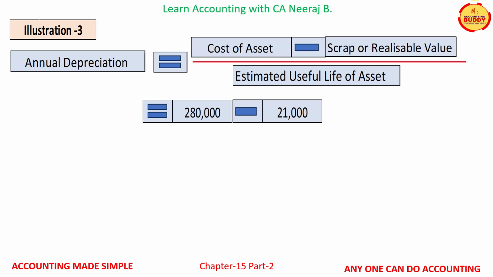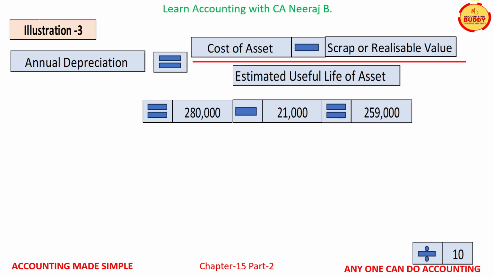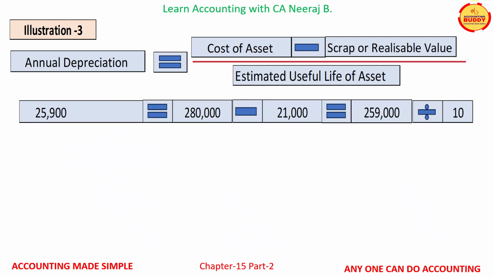Therefore, the estimated net cost of the asset at the end of its estimated useful life is $259,000. When we divide the amount of $259,000 with the estimated life of the asset, which is 10 years in this case, we will get the amount of annual depreciation of $25,900.